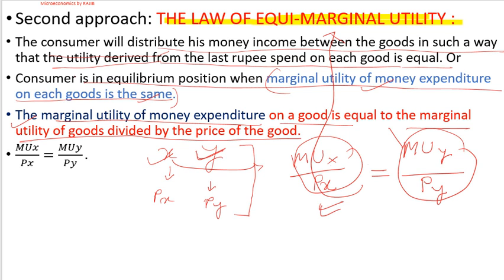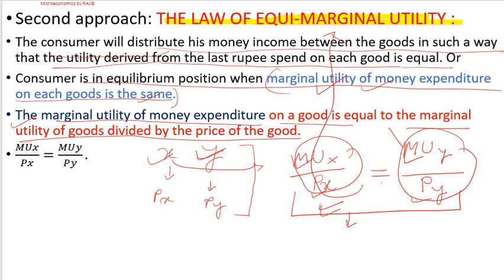This is the case here. Marginal utility of money expenditure on each good is the same. That means at that unit of consumption, when MUx by Px is equal to MUy by Py, that is, marginal utility of x divided by price of x equals marginal utility of y divided by price of y, at that point the consumer will have the extreme satisfaction and reach the equilibrium condition.